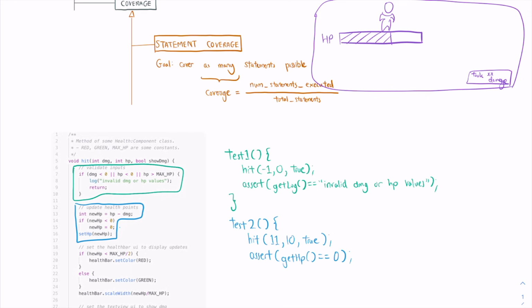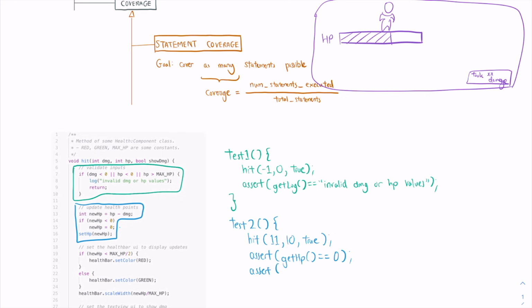And the next thing that we can assert as well, since we know that it is going to run through this set of statements, is that the health bar is red color, right? So let's just do that right now. We would add another statement here.